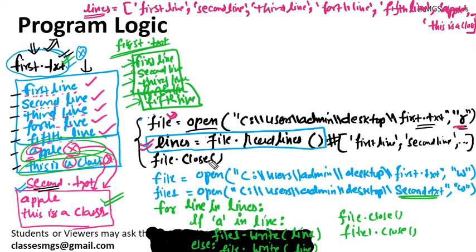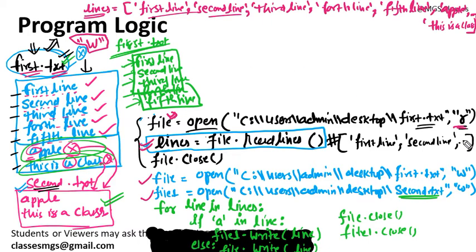Now we are closing this file. Simply, we have read and stored the content into the lines variable. Now we are opening this first.txt file in write mode. Why are we opening it in write mode? Because we are writing again only those lines that don't contain a anywhere.